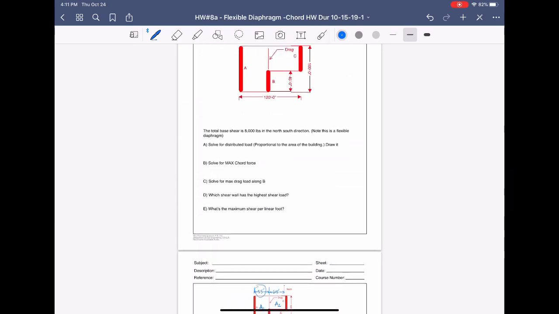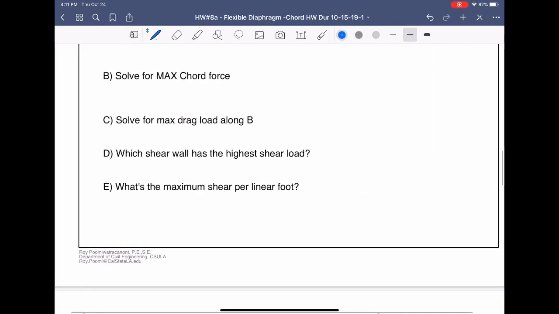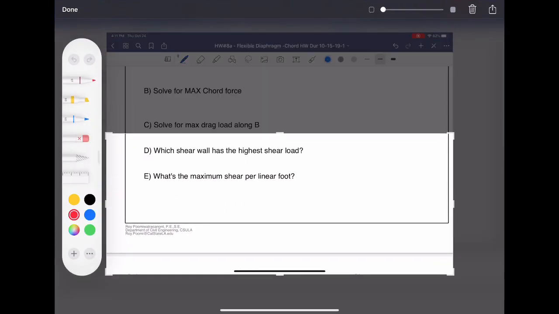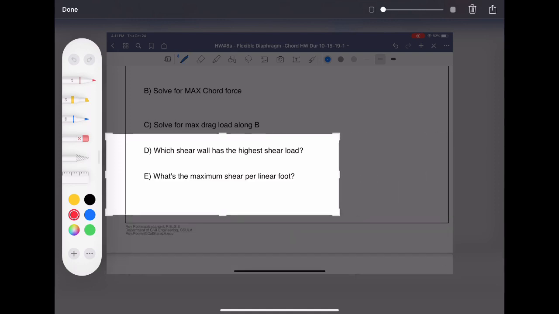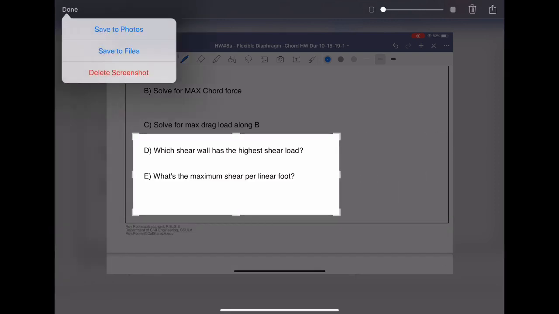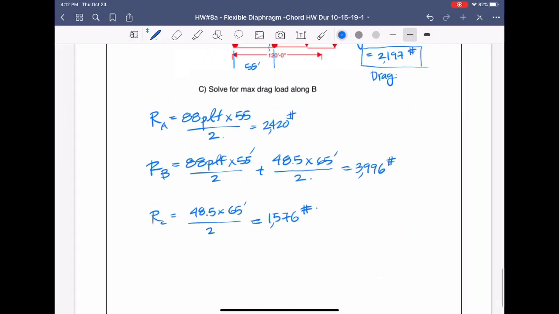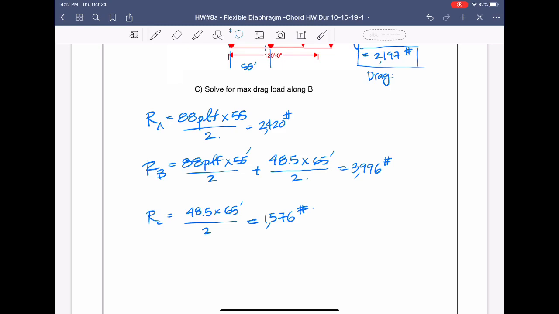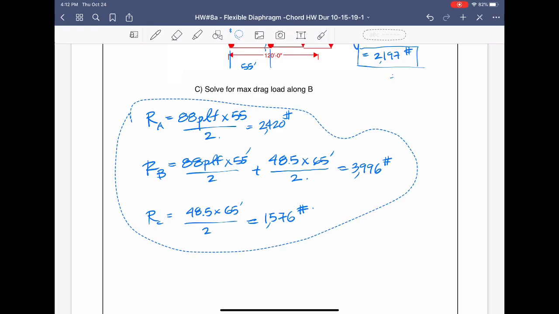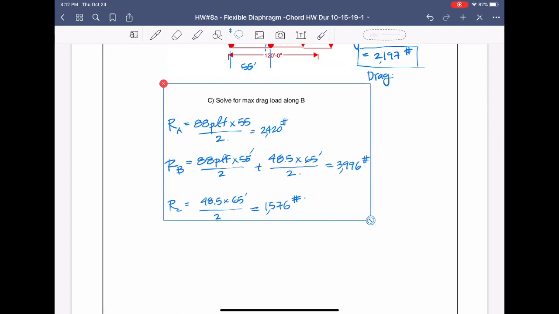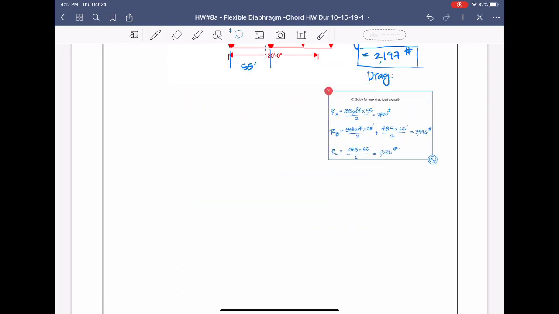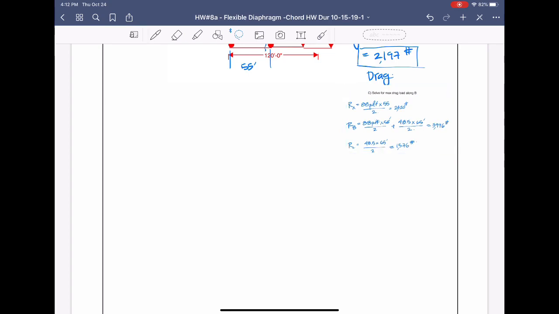Now, this is interesting. We can do D and E together. Okay, so first we'll keep this simple and we'll just shrink this right here. Resize it, put it over there. Okay.